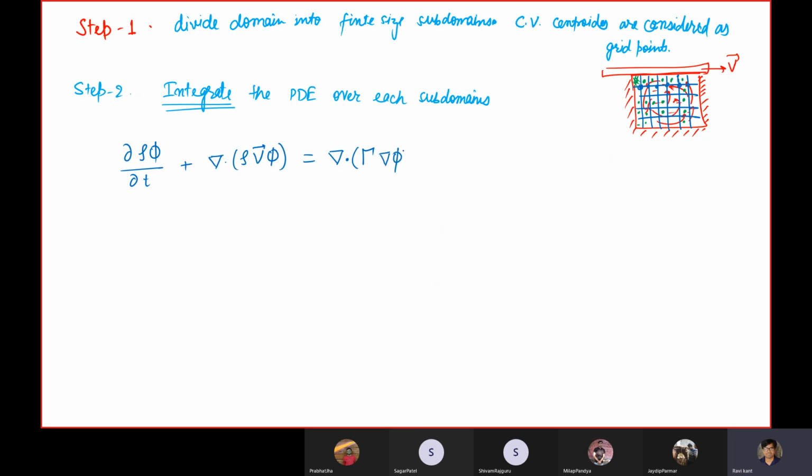I'll tell you what gamma is. So this is your diffusion term, this is the convection term, this is the unsteady term, plus some source term. This is the governing equation. Let's suppose I am interested in the temperature profiles over here. Right now we are not considering velocities, or maybe we can take velocity as well. No issue. In a more generic sense, let's suppose my phi is my temperature. That is what I am looking for.